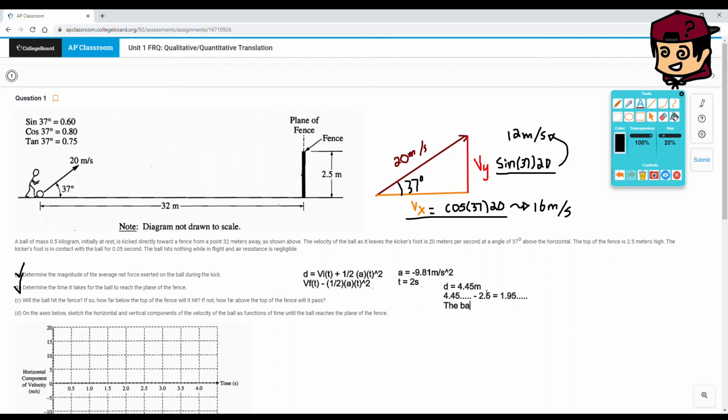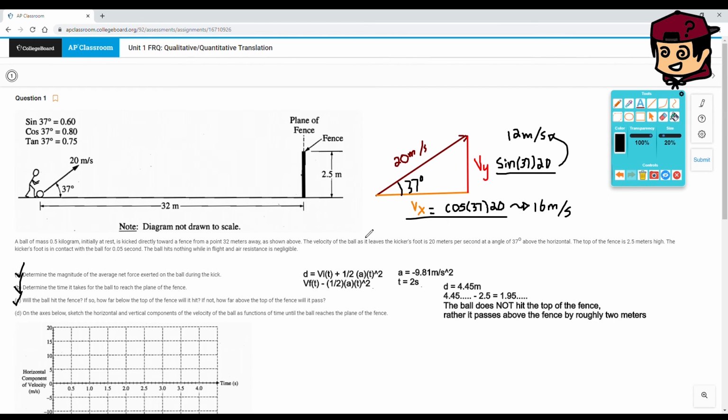So the ball does not hit the top of the fence. Rather, it passes above the fence by roughly 2 meters. That's how you answer this question. You still need to show your work here.